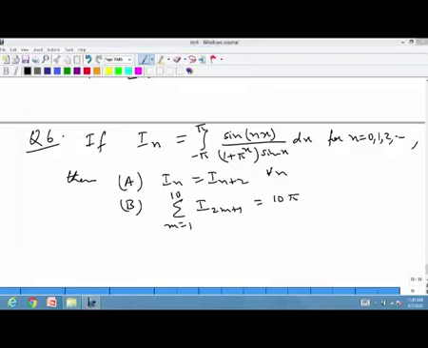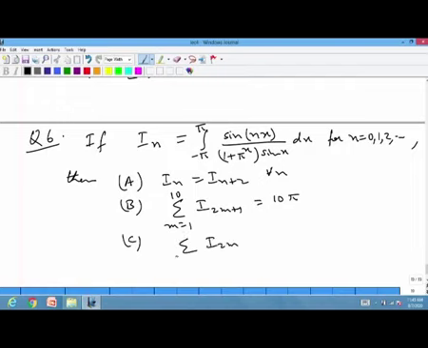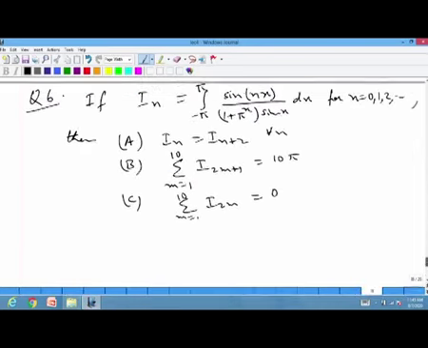C: the summation of I 2m for m equal to 1 to 10 is equal to 0. And option D: I n equal to I n plus 1 for all n.